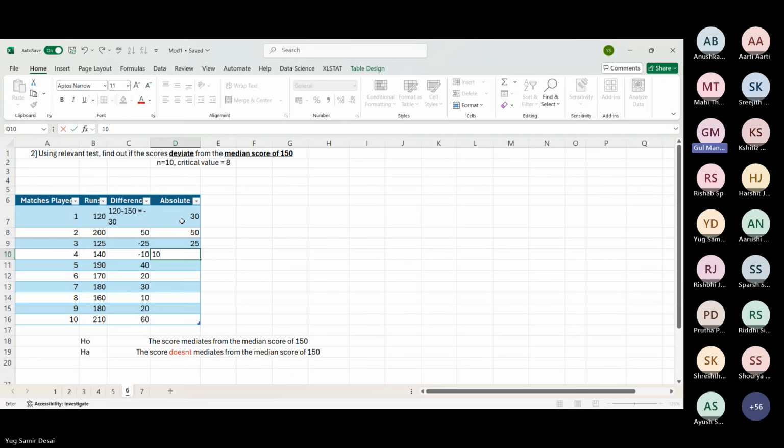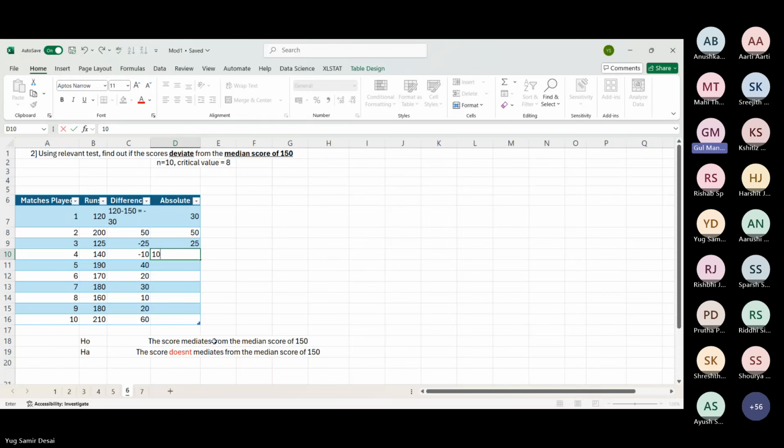You have written the hypothesis such that the null hypothesis will be the alternate and the alternate will be the null, I think. Because the professor taught us that the median will be equal to that, it accepts it, and the alternate will be the opposite of it. Like the null is that the median will be equal to 150, and in the alternate hypothesis, the median is not equal to 150.